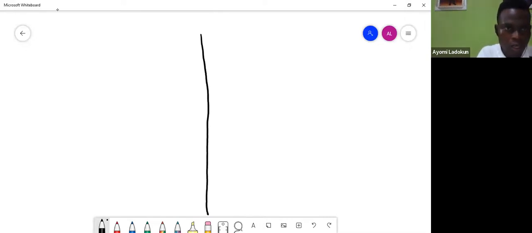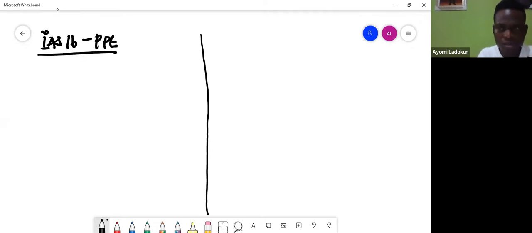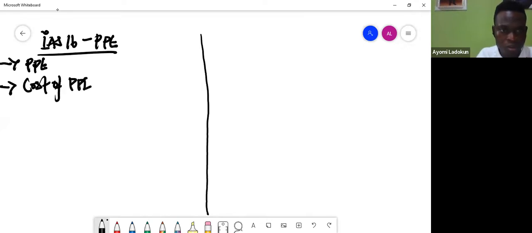Okay. There is a standard we call IAS16. That's property, plant, and equipment. Okay, property, plant, and equipment. So apart from what PPE is, you need to know what PPE is, all right? You need to know the cost of PPE.